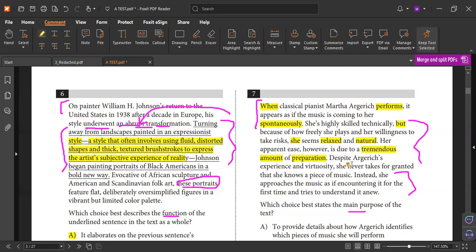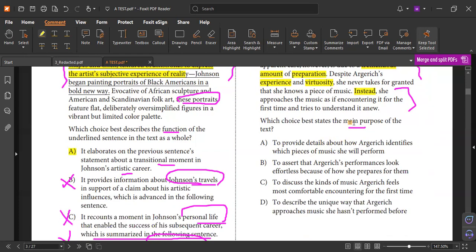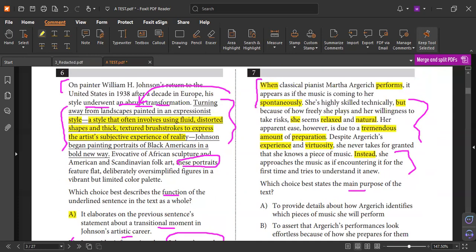Okay, again, despite her experience and virtuosity, she never takes for granted that she knows a piece of music. Instead, she approaches the music as if encountering it for the first time and tries to understand it anew from the beginning. Now, for the main purpose, find ideas not in the text at all. There is no evidence. Yes or no?